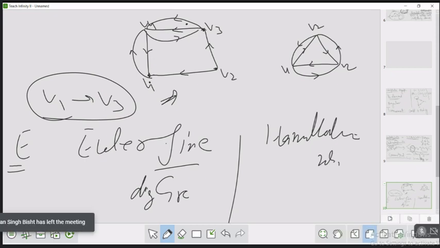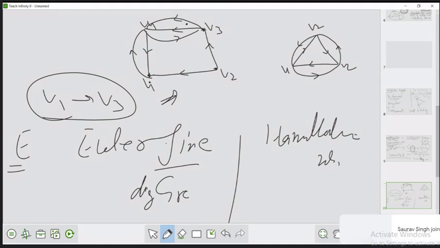Okay. Now tree, come to the third chapter, tree.